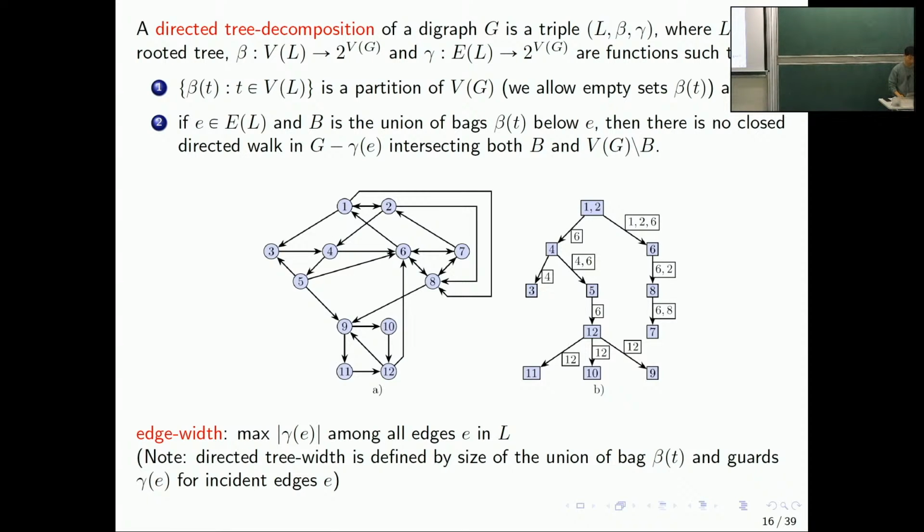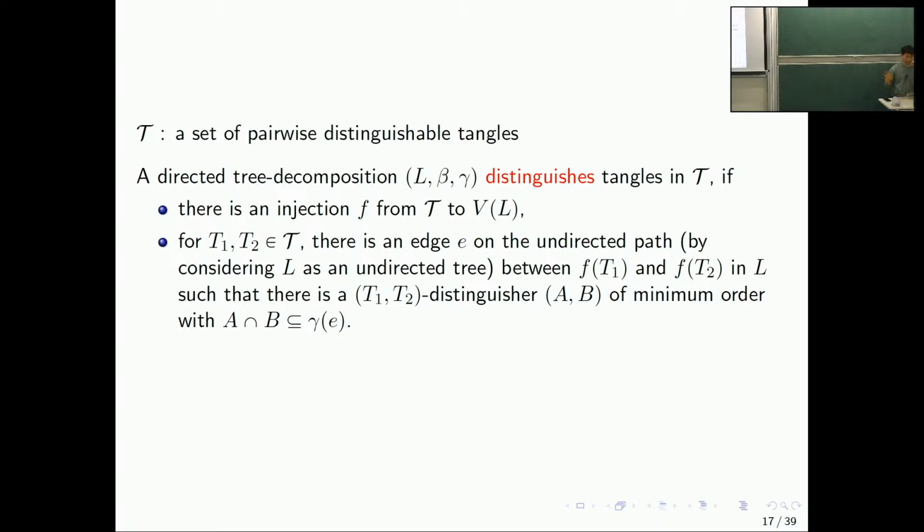Yeah, and we want to distinguish tangles by directed tree decomposition in a similar manner, but actually it's more complicated than this statement; I just write some essential things. So a directed tree decomposition distinguishes the tangles in some set of pairwise distinguishable tangles, where there is an injection, not a bijection, from the tangles to the nodes.